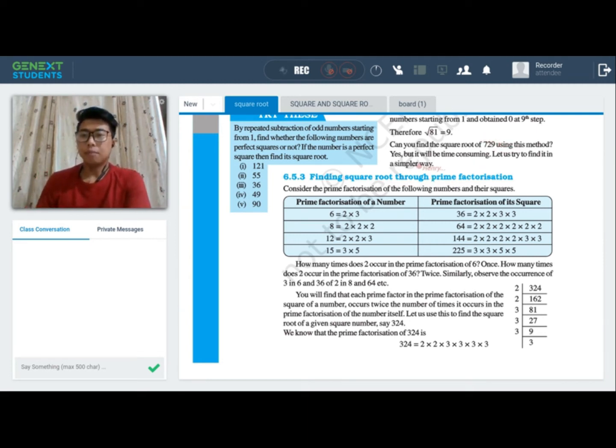Let's take an example, 3. We say that 3 is a prime number. Why? Because 3 has no factors other than 3 and 1. 3 into 1 is 3, 1 into 3 is 3. Again, in the second statement, I told you that a prime number is divisible only by itself and 1.